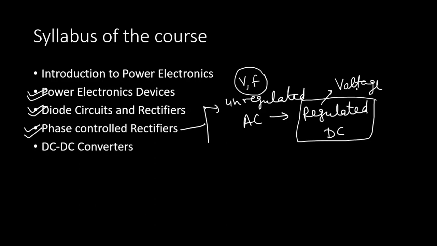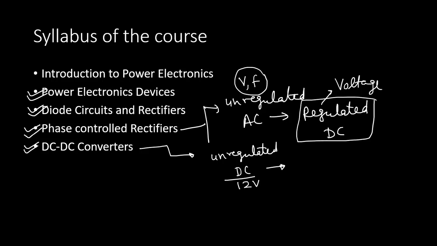Next, DC to DC converters, right? In DC to DC converter, we'll see an unregulated DC like a battery, because the voltage of the battery is fixed, 12 volt, let's say.